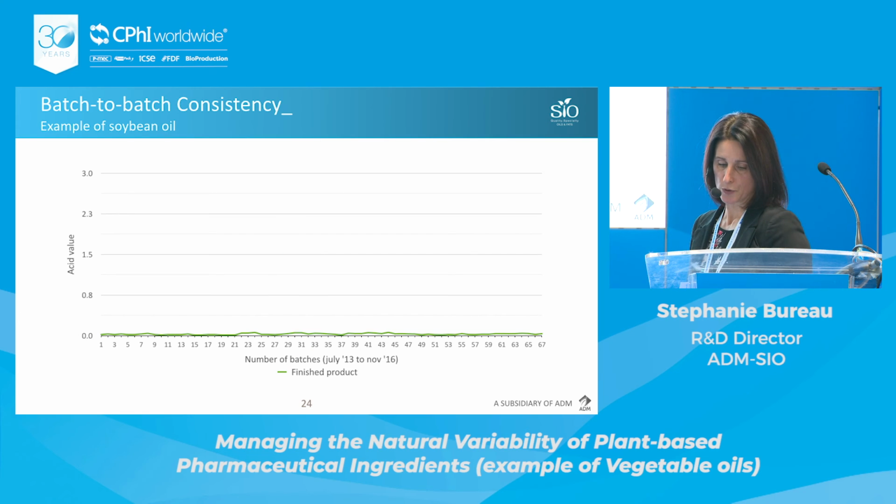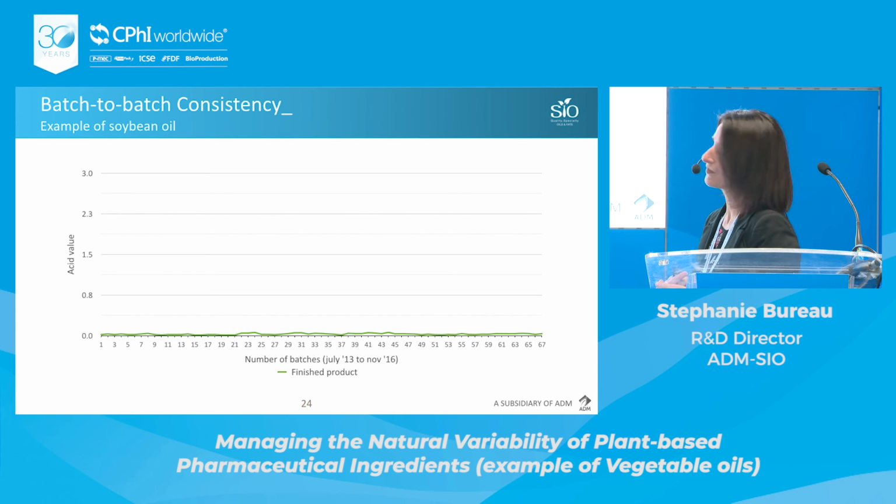And in-process analytical control tests ensure that every batch is compliant with our internal specifications, and out-of-trend monitoring enables us to identify immediately any process deviation. We aim to be as consistent as possible in the production of our pharmaceutical ingredients.